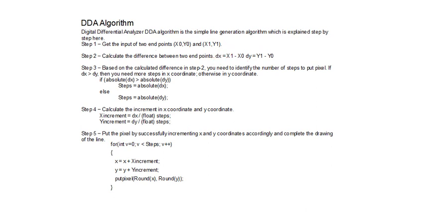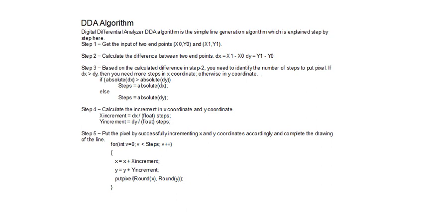So that's what we are going to find out here. You need to identify the number of steps to put pixels. If dx is greater than dy, so the change in x is greater than the change in y, then you need more steps in the x coordinate, otherwise in the y coordinate, as I have already told you.